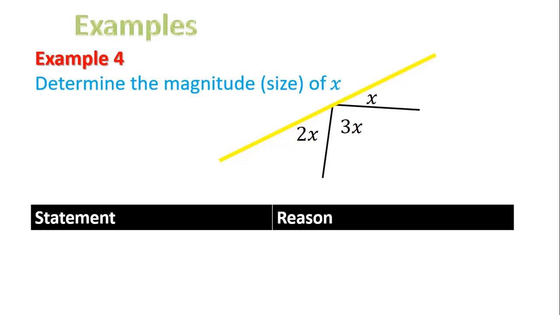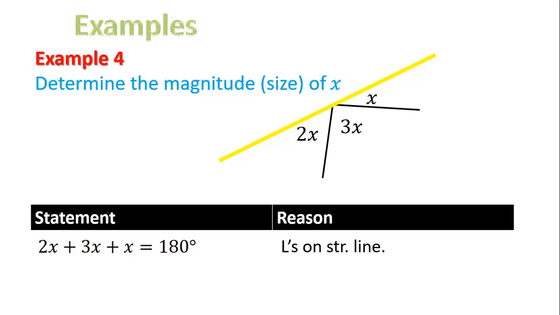So 2x plus 3x plus x all equal 180 degrees. My reason for that? Angles on a straight line.